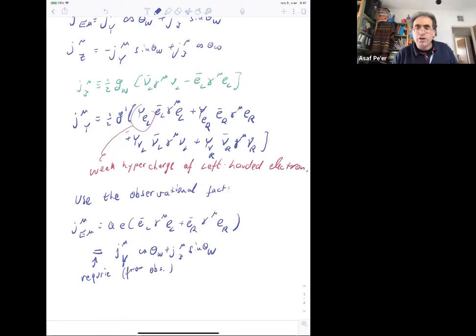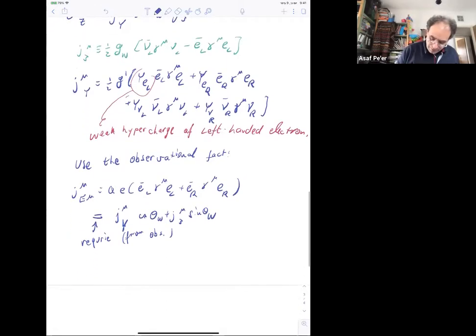So if we now collect all the terms for the left-handed and right-handed electrons and neutrinos, then we just get linear combinations of the collected terms.